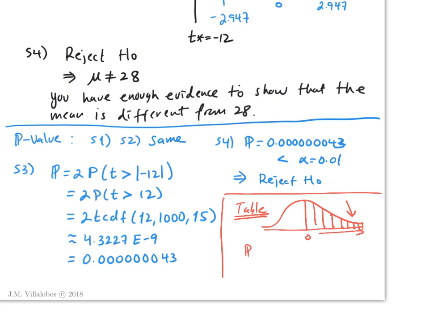So for the p-value, you look to the last value in the table, which is 0.005. So all you have to do is pick something smaller than that, like 0.001. This will give you the exact same result because this is still less than alpha, which is 0.01. So the conclusion is still the same, reject H0.